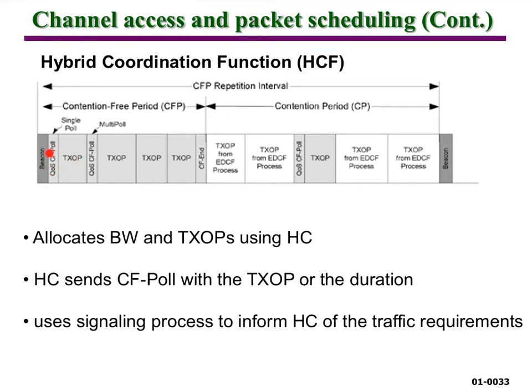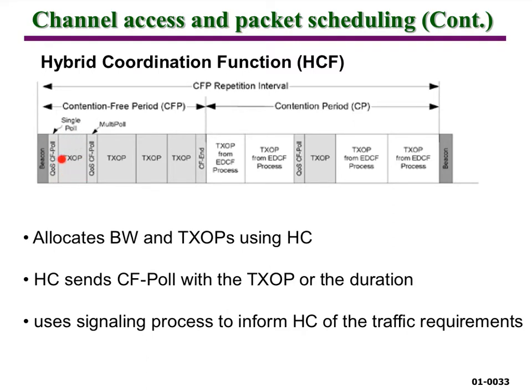So here, I will announce the node that should utilize this traffic opportunity and send a packet with maximum duration of traffic opportunity. Okay? So all the nodes will look for the address in this poll message, okay? And then only the node that matches the address will send during this traffic opportunity, right?